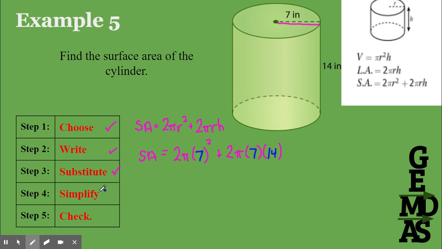Substitute is complete. Now simplify. When we simplify this, we need to follow the order of operations. We have no grouping symbols, but we do have exponents right here. So the very first thing is we need to do 7 squared. Remember, 7 squared means 7 times 7, so that is 49.